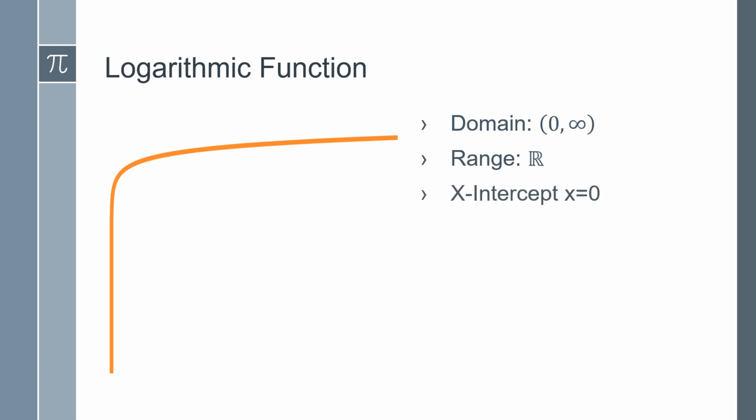An x-intercept equals 0. You won't have a y-intercept. It will rarely happen.